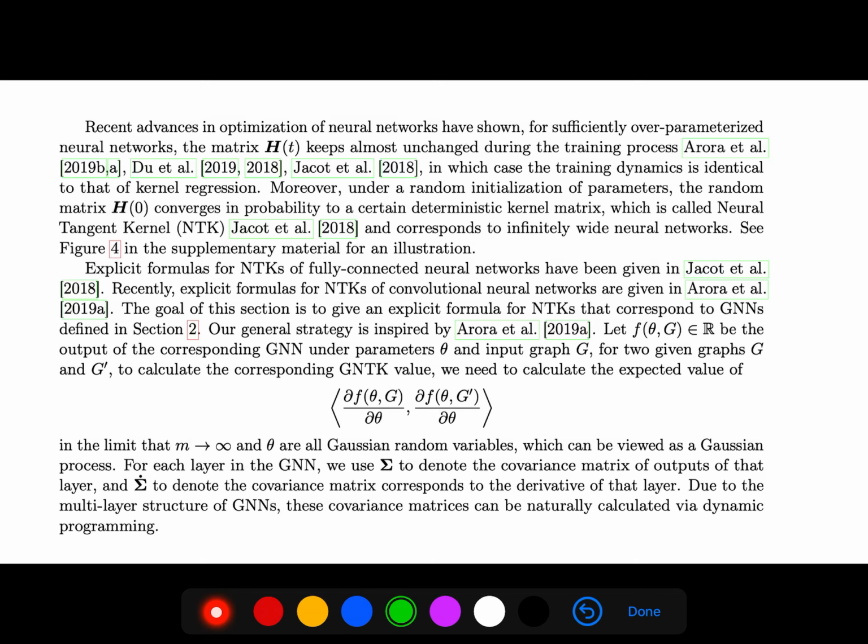So our general strategy is like this. Let f be the output of the GNN, and then we need to calculate the expected value of this in the limit that m goes to infinity.